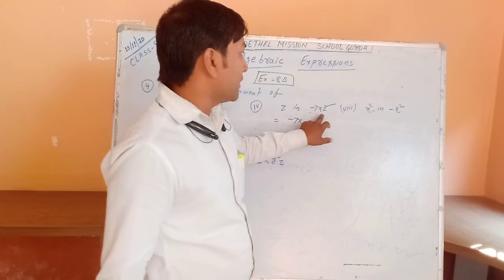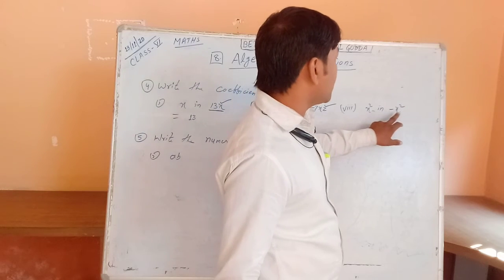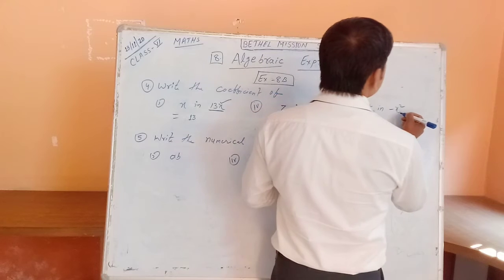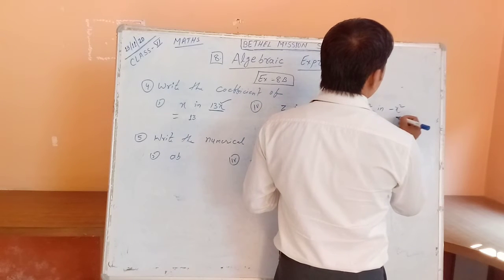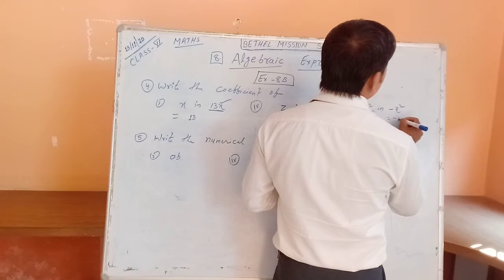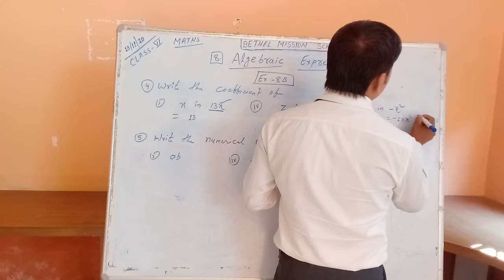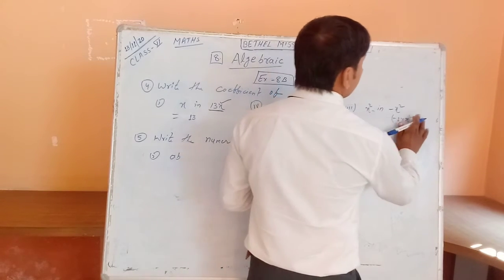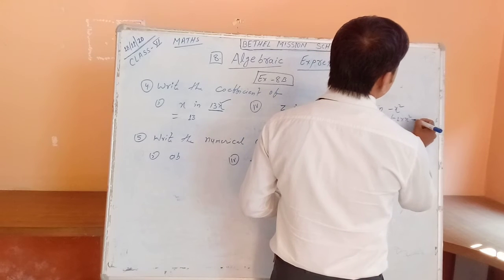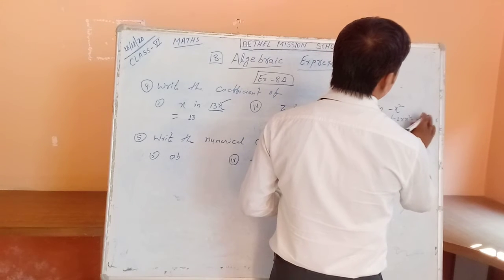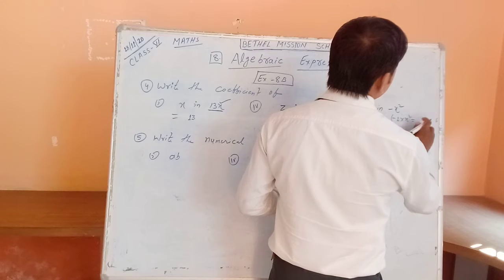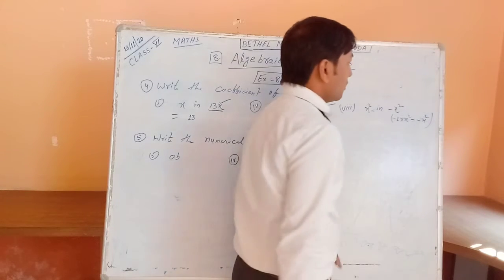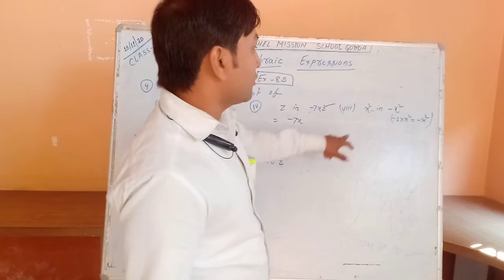Here the coefficient of x square is in minus x square. Minus x square we can write as minus 1 into x square. So what is the coefficient of x square?